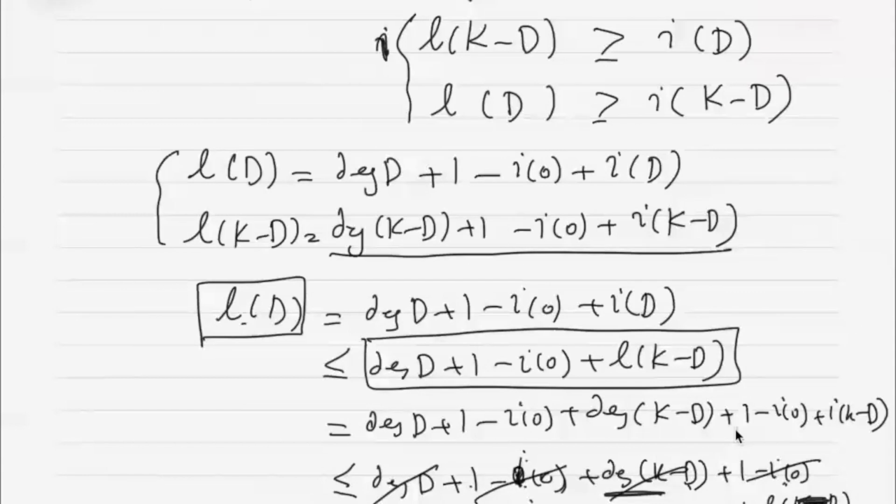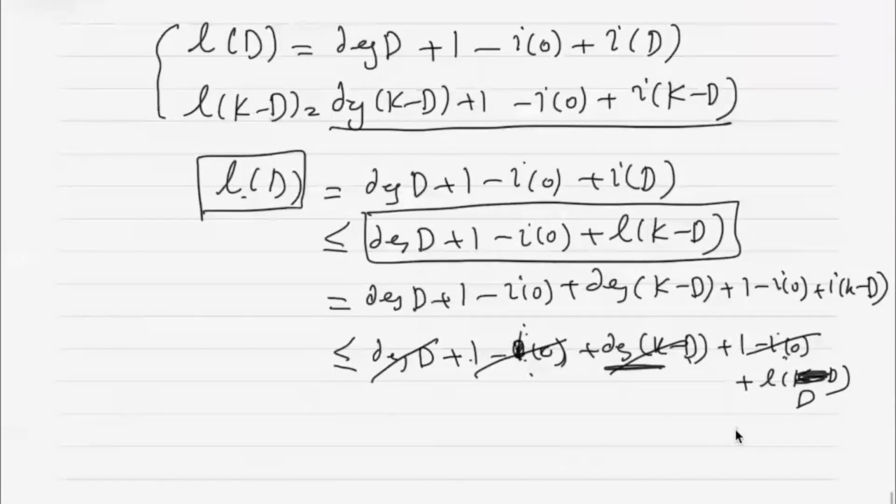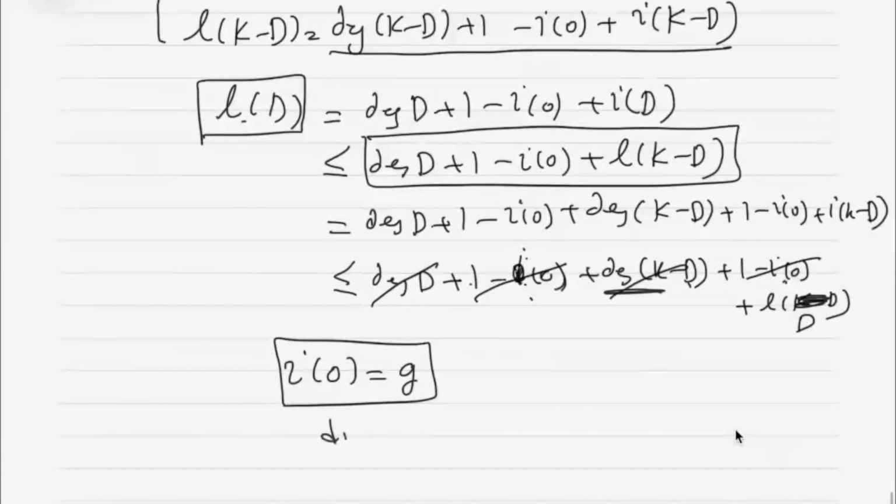And that's Riemann-Roch. What you need to know is that I of 0 is g, but this will follow from the fact that the dimension of holomorphic one forms on X is the same as the genus.